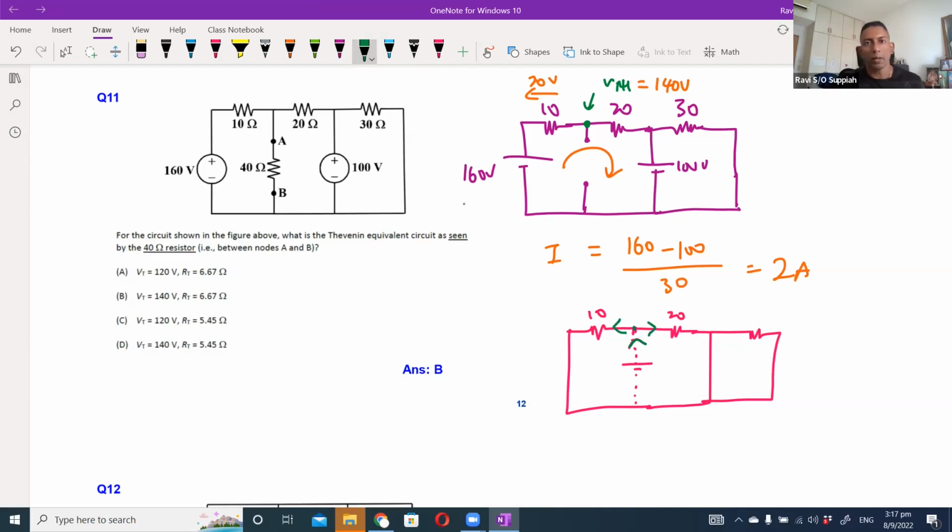But at this point, if you remember what we said, the current will always take the easiest path. When it reaches this junction, it sees the short circuit path back to ground, which means it will totally bypass the 30 ohm. The resistance would basically be 10 parallel with 20, which will be 6 and 2/3 ohm. So that's how you get your answer here, 140 volt and 6.67 ohm.